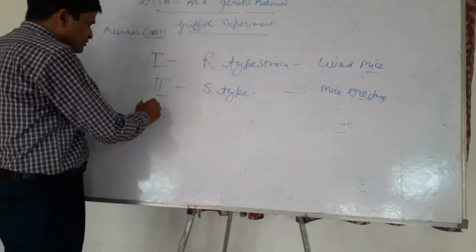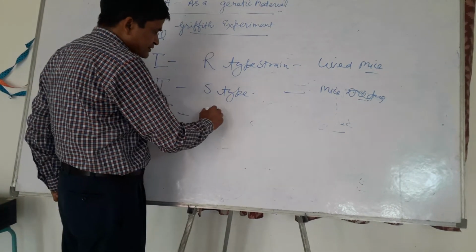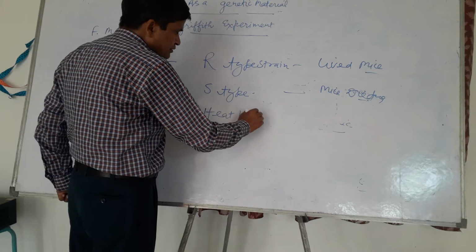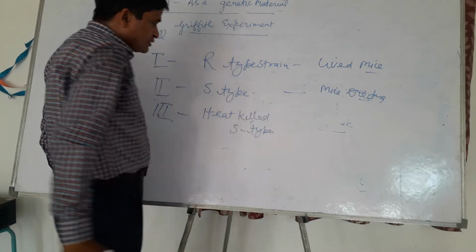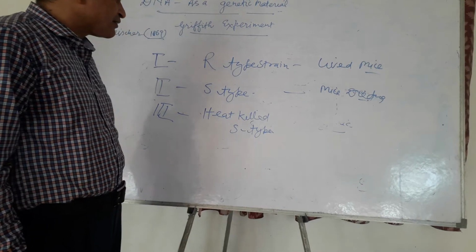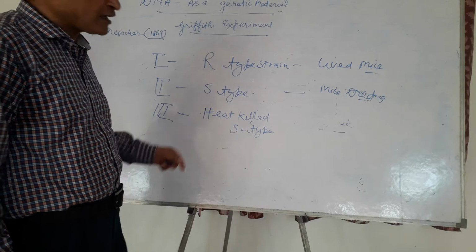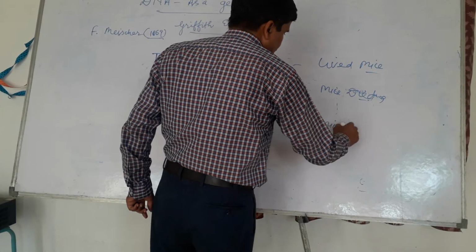In the third step, he injected heat-killed S type. Heat-killed S type means the bacteria was killed, so it cannot cause any type of disease. So the mice lived.